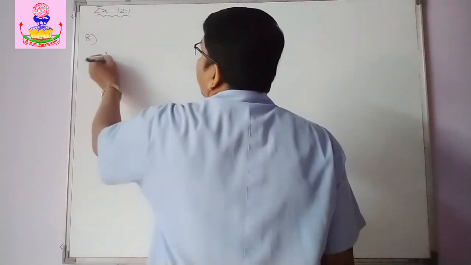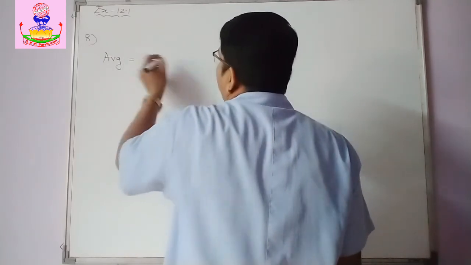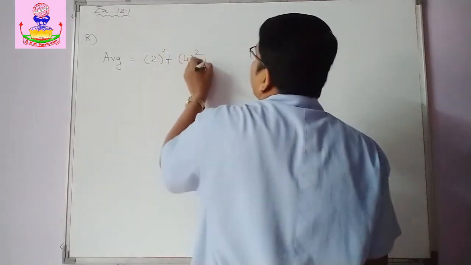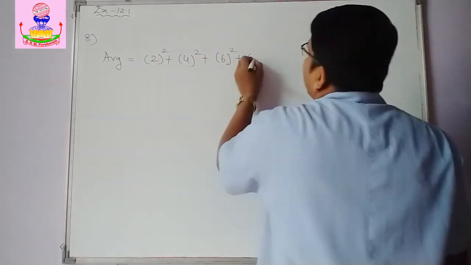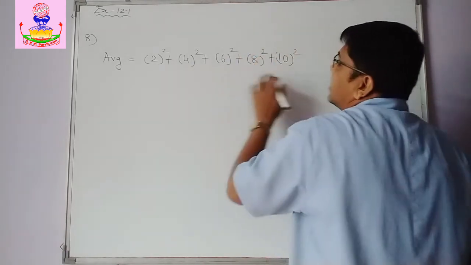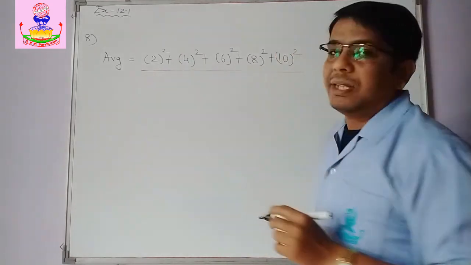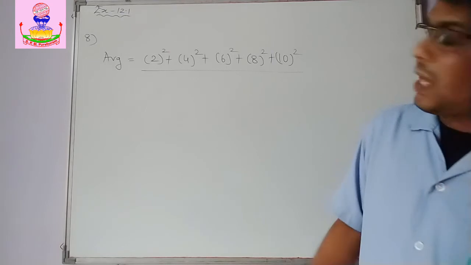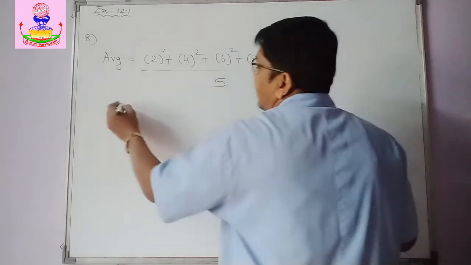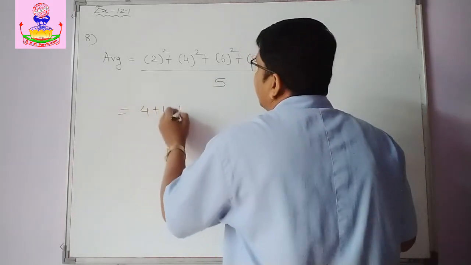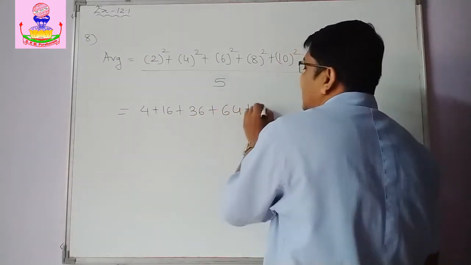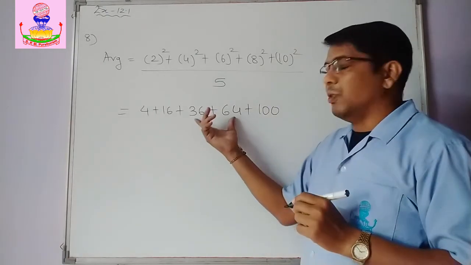So average of squares of first 5 even natural numbers: 2 square, 4 square, 6 square, 8 square and 10 square. 1, 2, 3, 4, 5. So these are the first 5 even natural numbers. Okay, and their squares, divided by how many total? 5. Right? 2 square 4, 4 square 16, 6 square 36, 8 square 64 and 10 square 100.